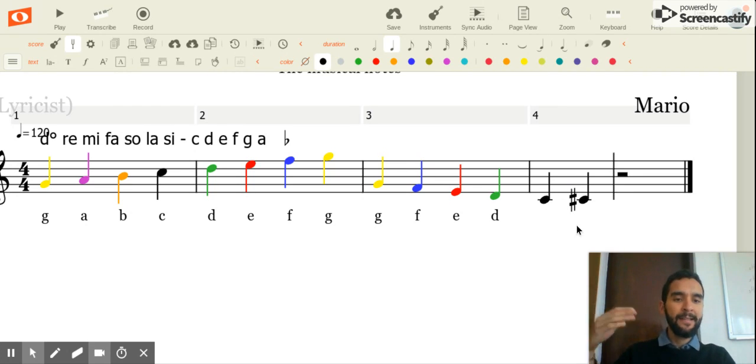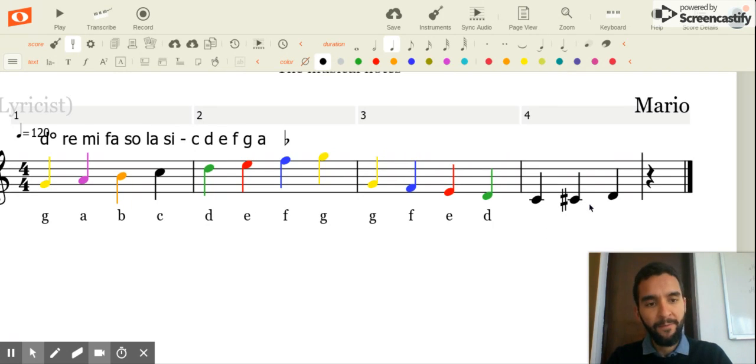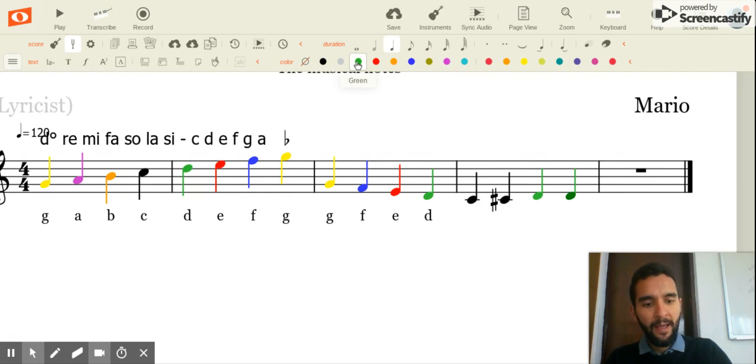It is always located on the left side of the note because we read the music from left to right. So we always need to know first if the note is a natural or a sharp. In this case we have C, C sharp, and then comes the D. And if I want to write a D sharp, I have to put the symbol too. And the next one is an E.